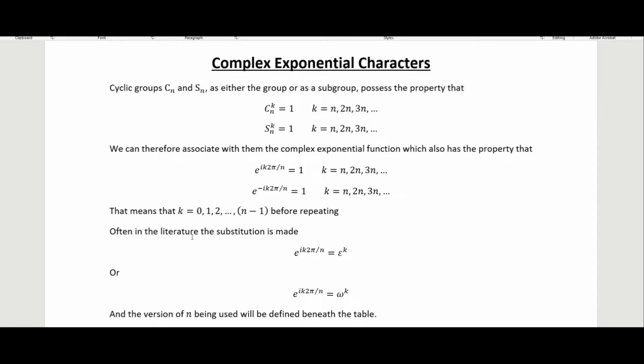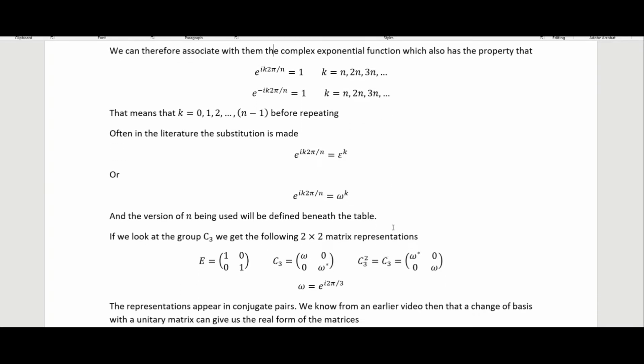And so often in the literature, this substitution is made where they'll have it equal to epsilon or equal to omega. My inorganic chemistry textbook uses the epsilon. The older book that I'm using as a guide for this video series uses the omega. So that's something you might see depending on which source you are using.